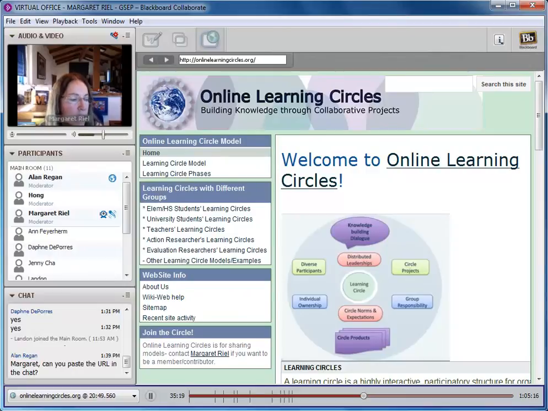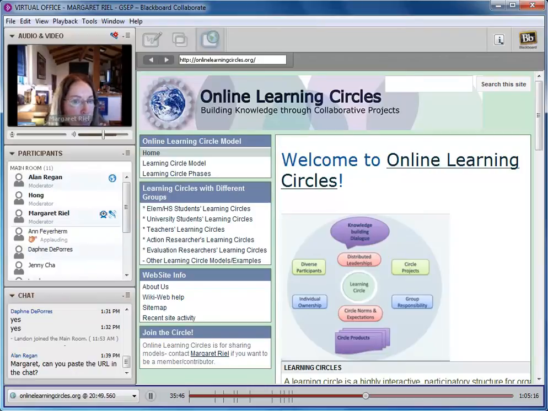The whole circle has a proposal, and within it each person in the circle proposes a project, and then their project is due at the end. They present them to the whole group, their findings on each of these different topics. And the students for this course are located in different countries, but they're all taking this class together.